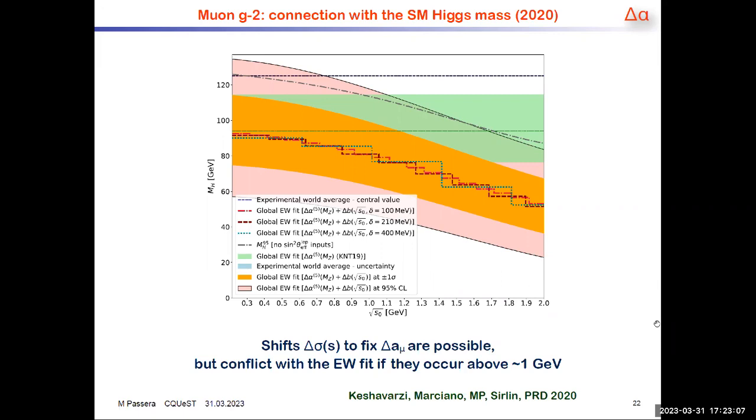You can go to 3 sigmas and then it will become 1.2, 1.3 GeV. The message is, yes, you can change the hadronic cross-section to solve the g-2, but you can do it only at low energy, because if you do it above roughly 1 GeV, then you have a conflict with the electroweak fit. Okay, so this possibility exists, but it should be at low energy.